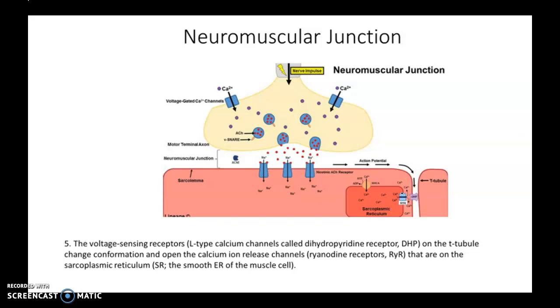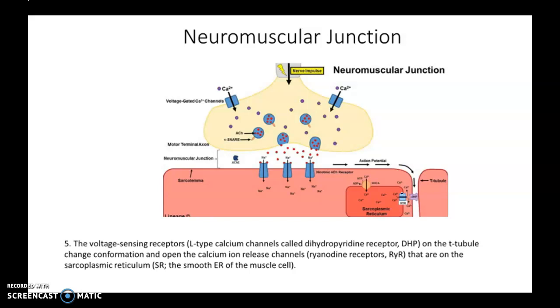Therefore, I repeat, as the action potential moves down the T tubules, the DHP receptors change shape or conformation that causes the RYR receptors or the calcium ion release channels to open, and calcium is released into the sarcoplasm.